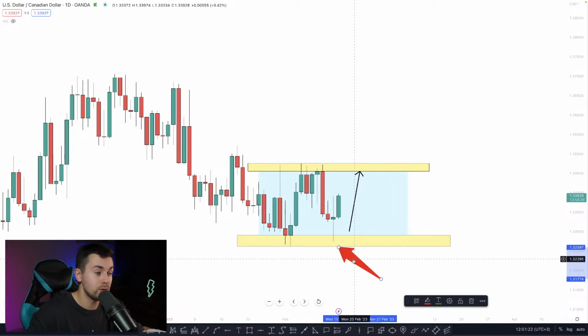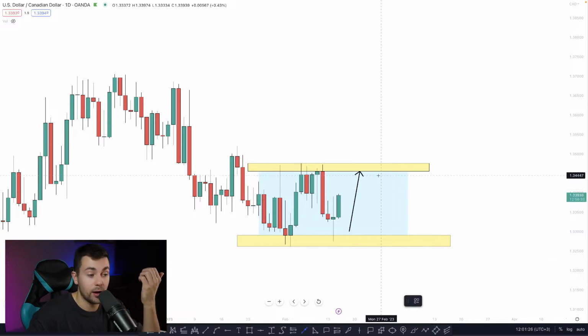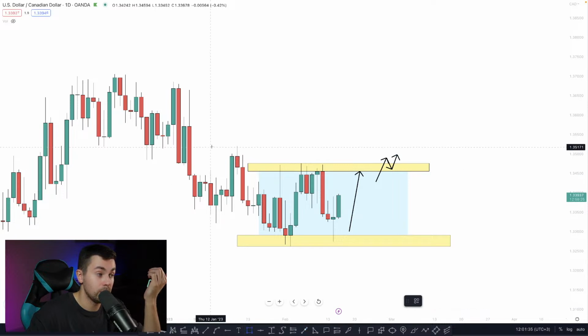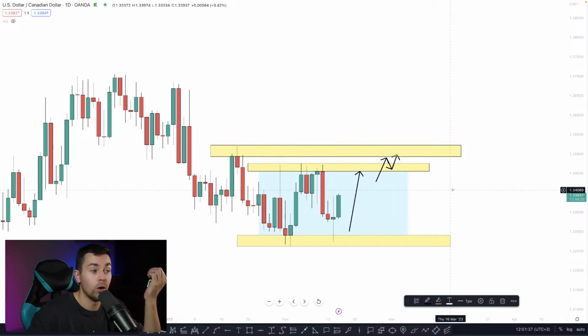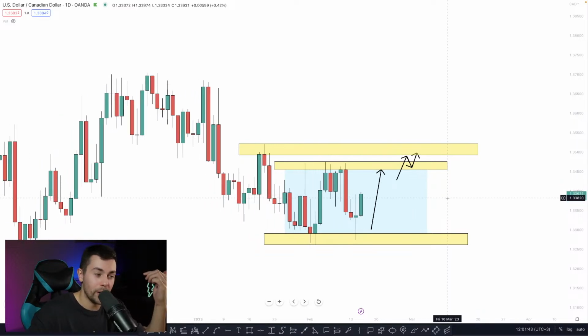By the way, a very tricky thing about the breakout of that range. Even though most of the time I tell you that the bullish breakout of the range will be a very important bullish trigger, the fact is that if the price breaks the resistance of the range right here, a bit higher we will have one more very important resistance. So buying the breakout of the range would be quite risky.